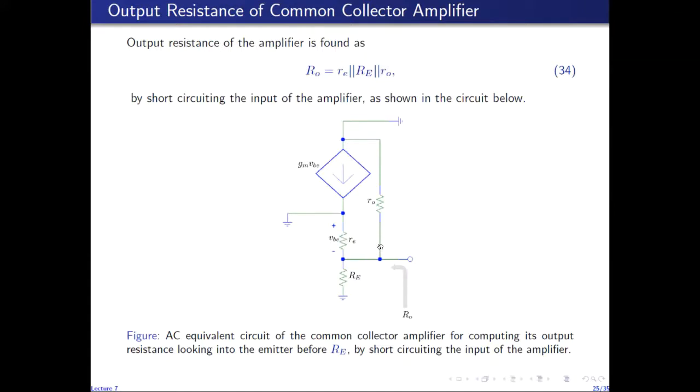So this terminal of r0, this terminal of re, and this terminal of capital RE are all connected to the same node here, and the other terminals are all connected to the same ground node. So small re, small r0, and capital RE are all in parallel. So the resistance between this emitter node and ground is the parallel combination of these three resistors.